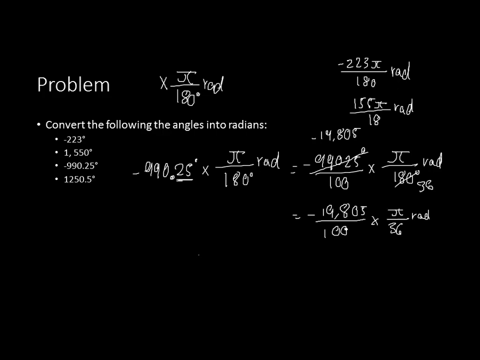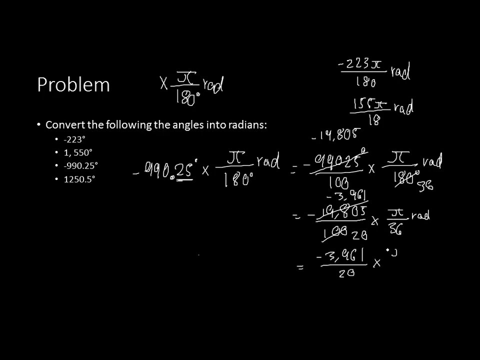So from above, negative 19,805 divided by 5 is negative 3,961. And here, 100 divided by 5 is 20. It seems like this is already the simplified expression.